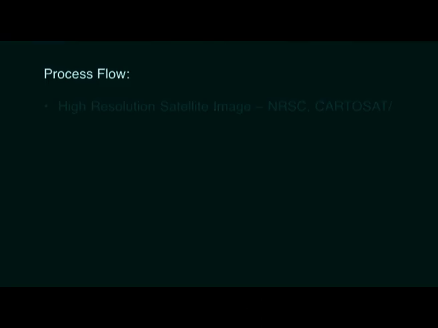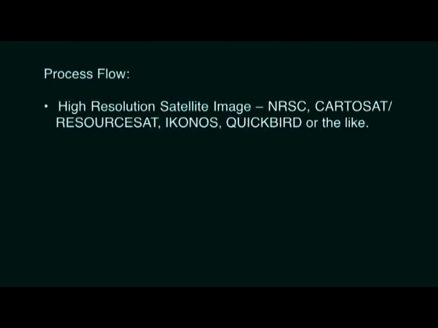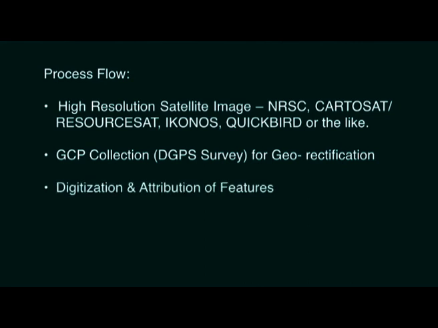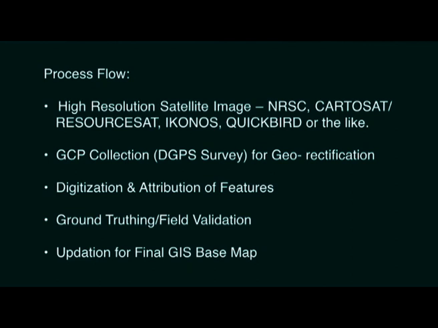Then how is it being done? What is the process flow involved in making the land records as well as the tax collection digital, by making use of GIS? The first thing is that we will be using high resolution satellite images. As far as India is concerned, we have powerful satellite images procured by the ISRO satellites, distributed by the National Remote Sensing Center at Hyderabad, which comes under the Department of Space.